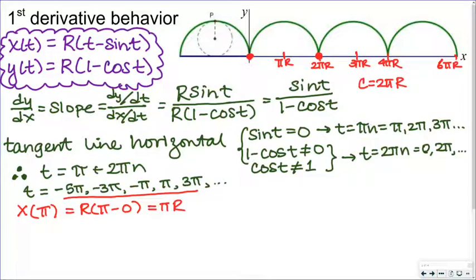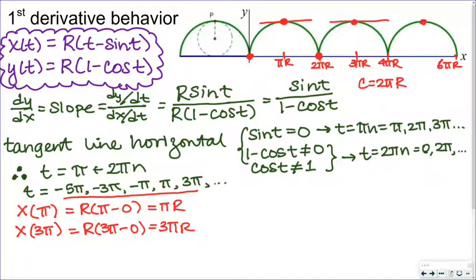Well, that corresponds to this point on the curve, and you can see that the tangent line is horizontal. Or x of 3 pi corresponds to r 3 pi minus 0, and so on. You can see the pattern. So we have confirmed that we have horizontal tangent lines at all of the points where t is an odd multiple of pi.